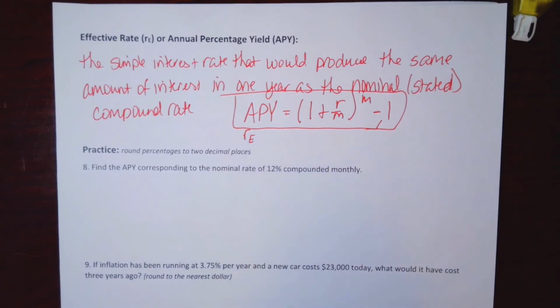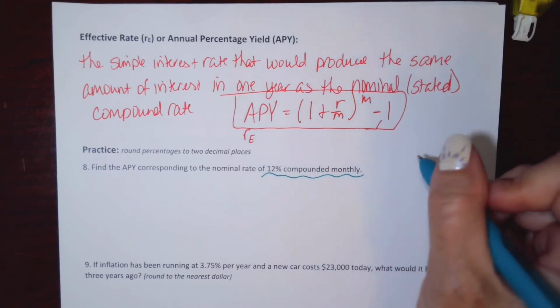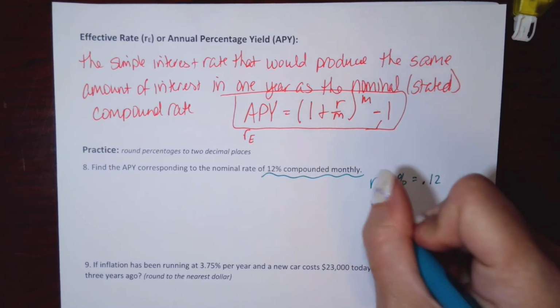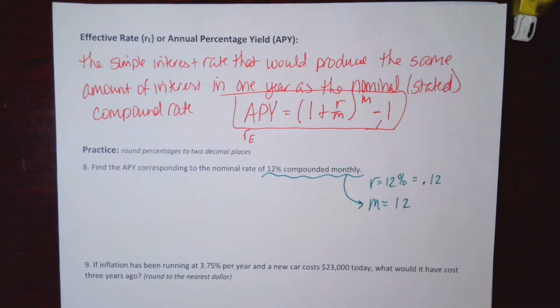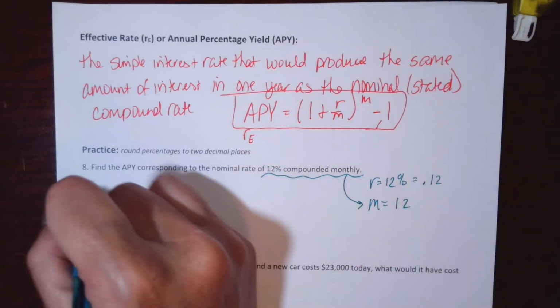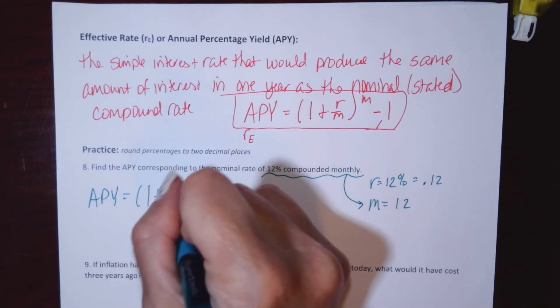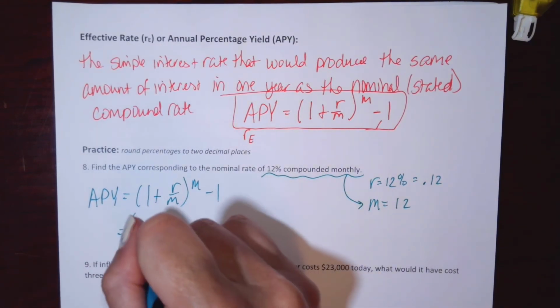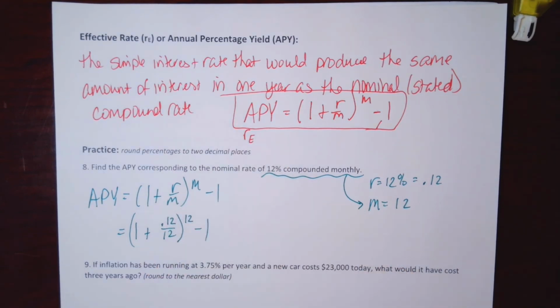Find the APY corresponding to the nominal rate, the stated rate of 12% compounded monthly. So R is 12%, which becomes 0.12. M, my compounding period, is 12 because it's compounded monthly. So my APY is going to be 1 plus R over M to the M and then minus 1. 0.12 over 12 to the 12th power minus 1.